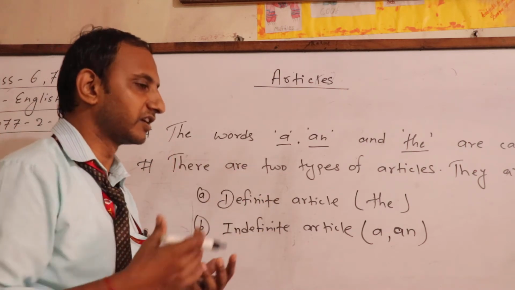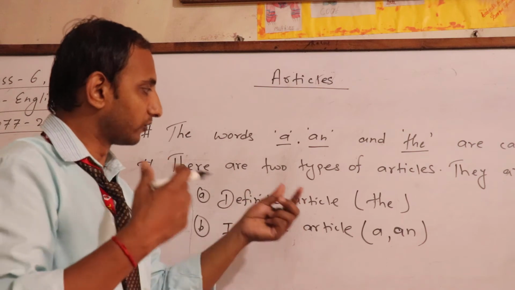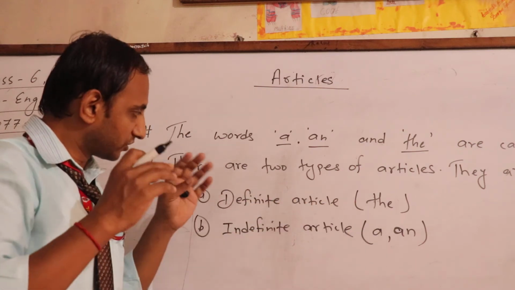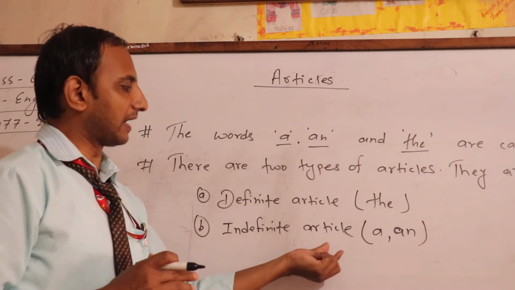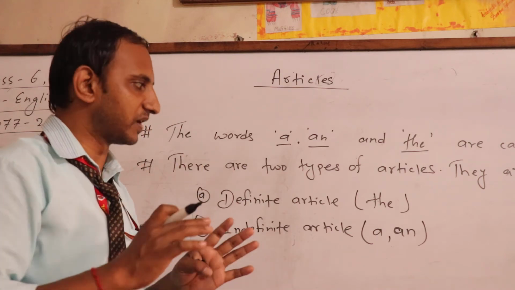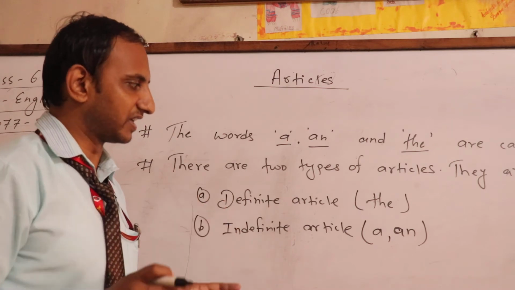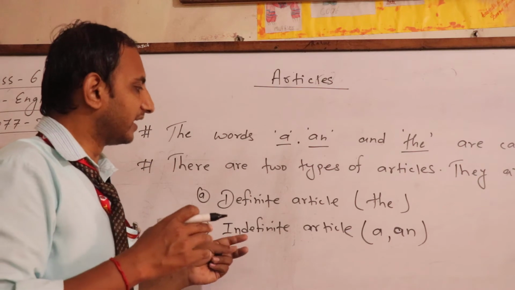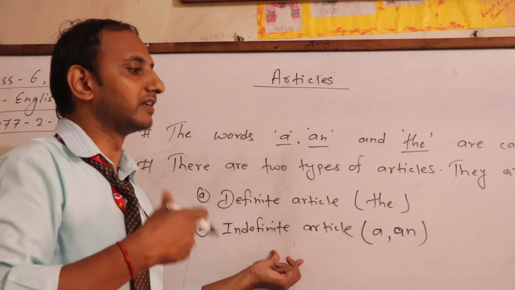There we should use the, the definite article. On the just opposite, indefinite article is used in a general sense, when that is not special, when that is not fixed, or when we are not talking about unique things, when we are talking about things in general.